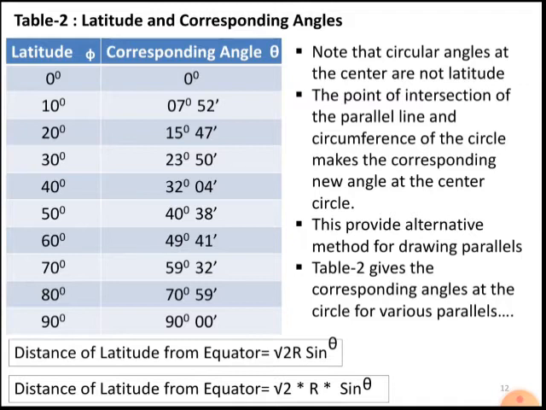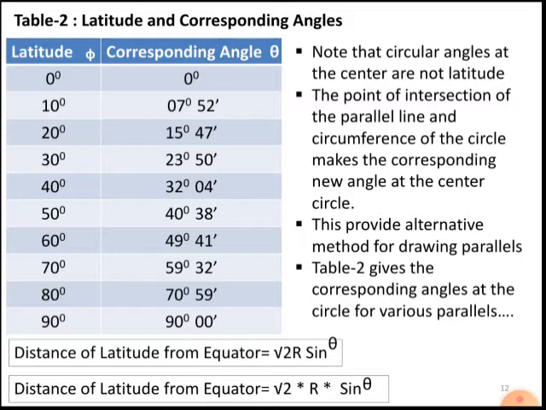So you take the sine of that theta, that means 7 degree 52 minutes, and multiply with r and the square root of 2, and you will get the answer, exactly equal to the previous method, which is the distance of that particular latitude from the equator.